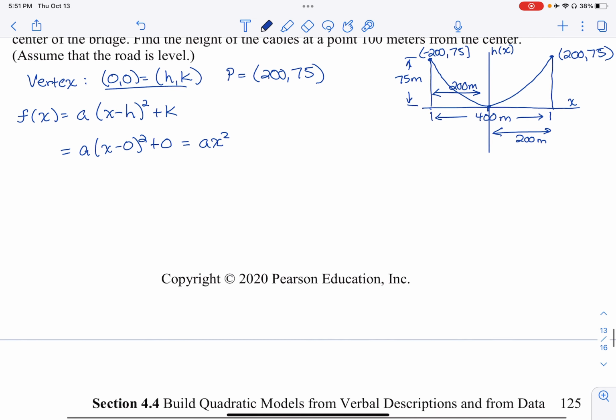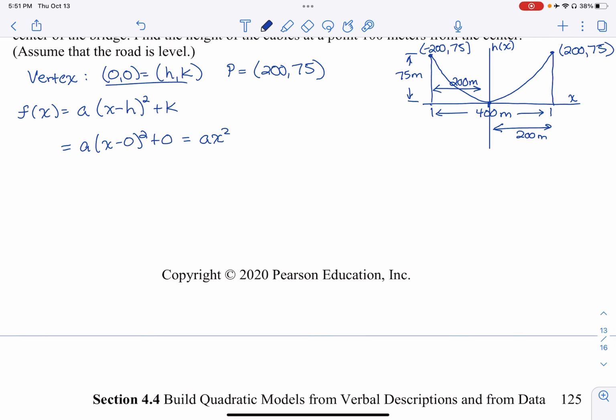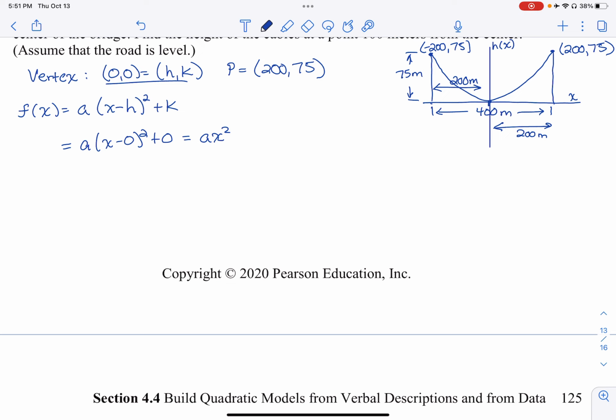Now if we want to find the a value, we know our point, so let's change this from an f to an h. We can say that the height at 200 is equal to 75. This is from the point, and that's equal to a times x squared, which in this case is a times 200 squared.